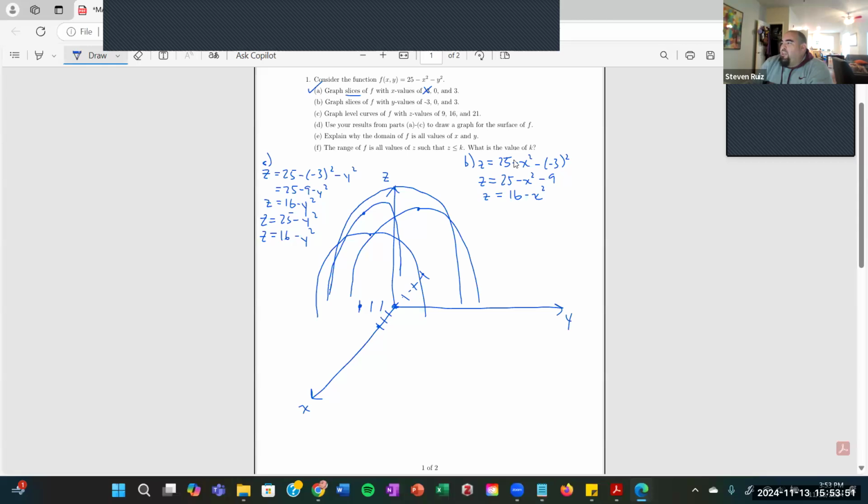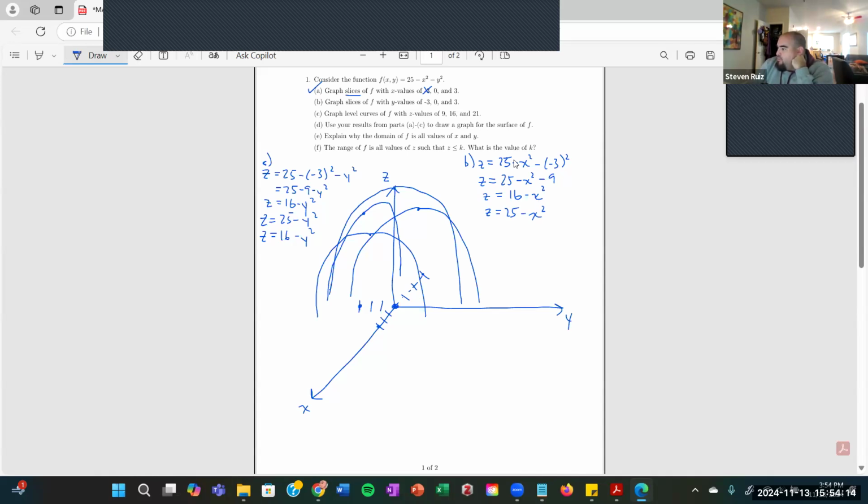Now what happens when y equals 0? We're going to get z equals 25 minus x squared. So we should get some very similar looking equations to what we got from part A. So 25 minus x squared. So that's when y equals 0. So this is going to be over the origin again.